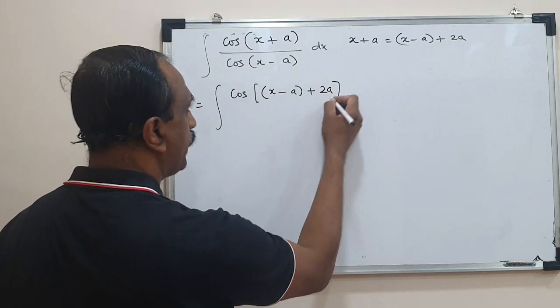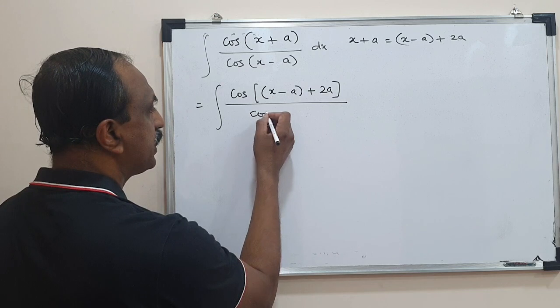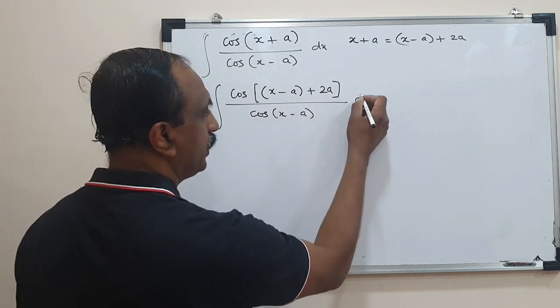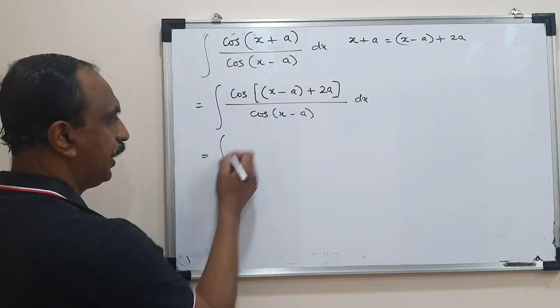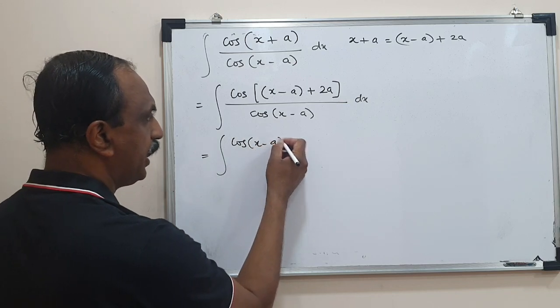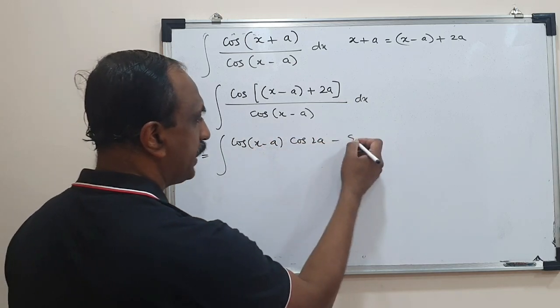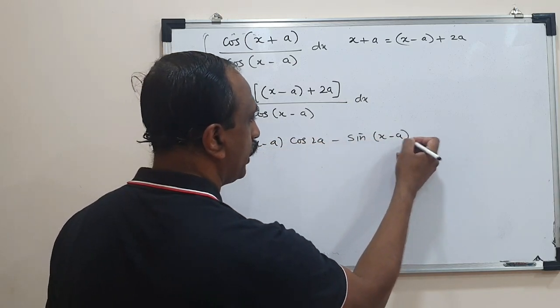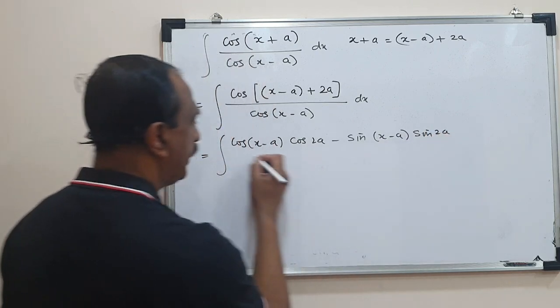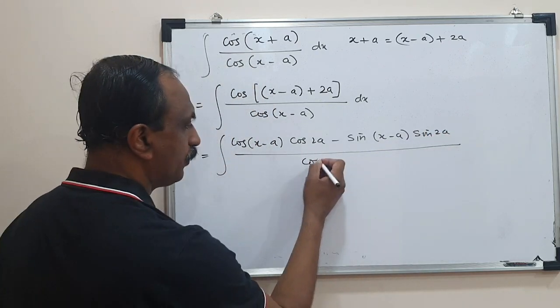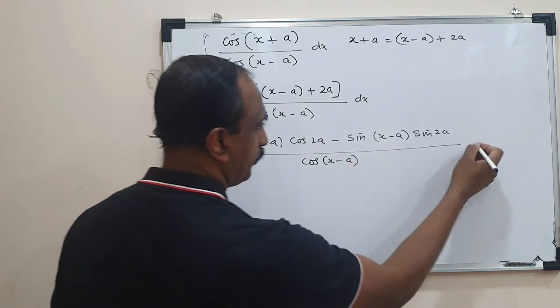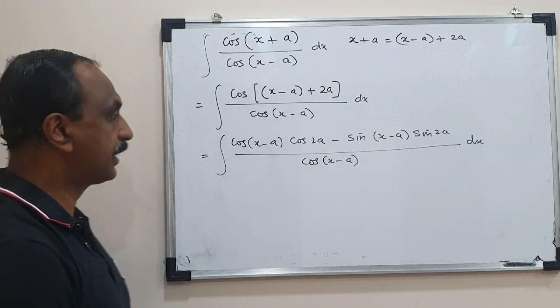So I'll write a 2a here and I'll do exactly the same method as in the last problem. Now I can expand. It is cos of (x minus a) into cos 2a, minus sin of (x minus a) into sin 2a, divided by cos of (x minus a). So one term, like last time, got cancelled.